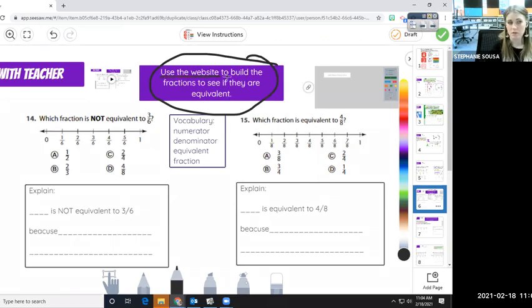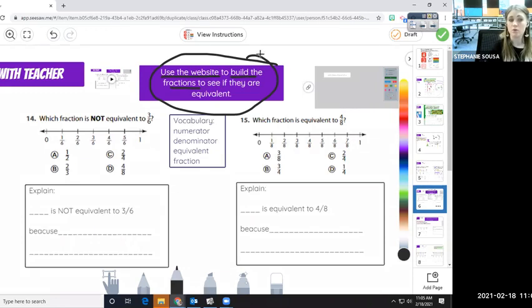It says use the website to build the fractions, so I need to see the fractions built. I cannot award points to you. Let me rephrase that. You cannot earn points for work that you don't do. Part of my job is to make sure that you understand how to build fraction models. If you don't show me that, you don't earn credit for it. I don't have proof that you know how.